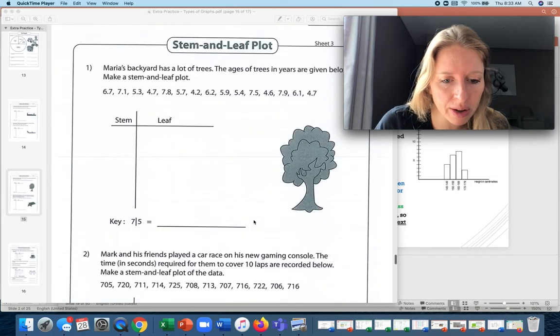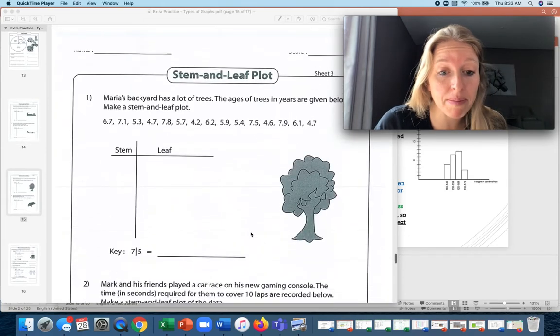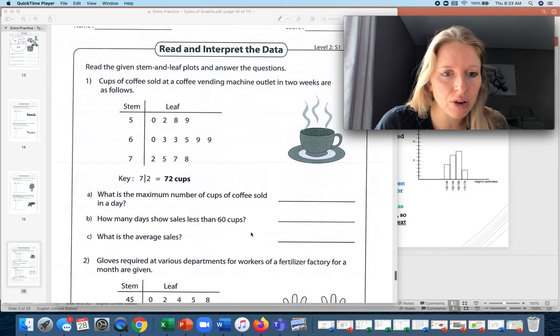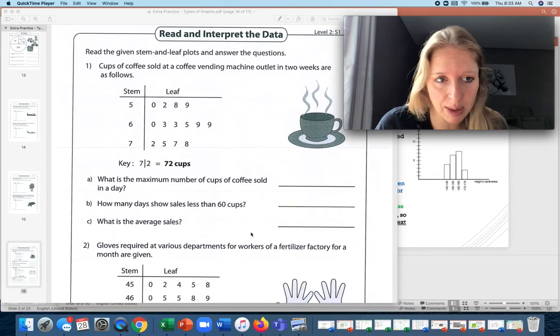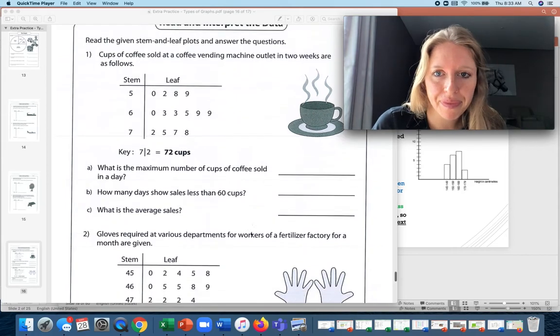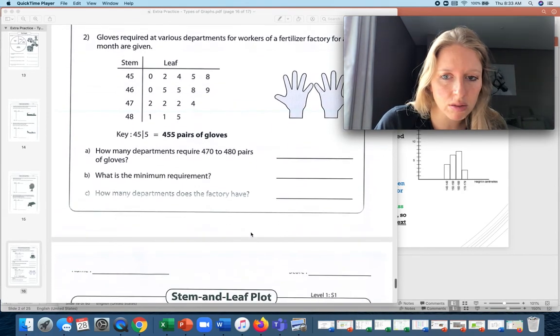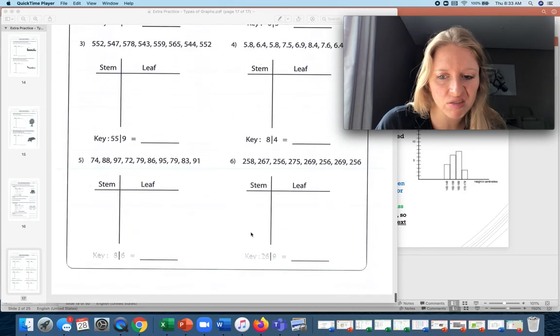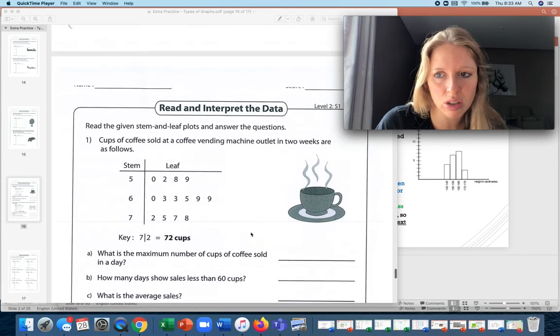So either one of these two, because it's just making stem and leaf plots. And then I would definitely like you to do this one where you're interpreting a stem and leaf plot. I'll say that more in our post for what's due. And then this one's optional. You don't have to do that last one unless you want to.